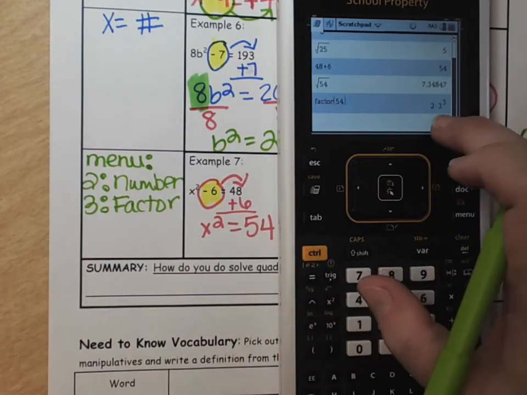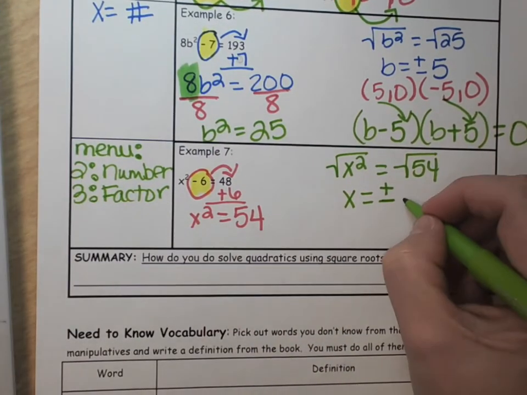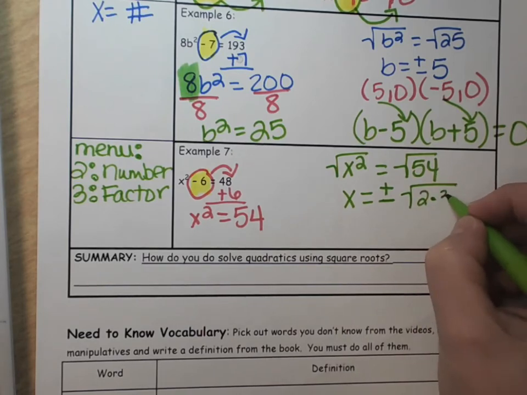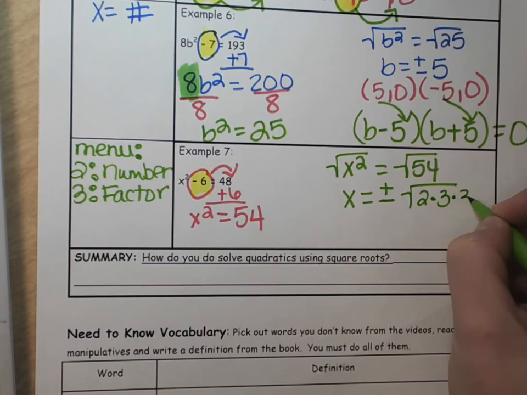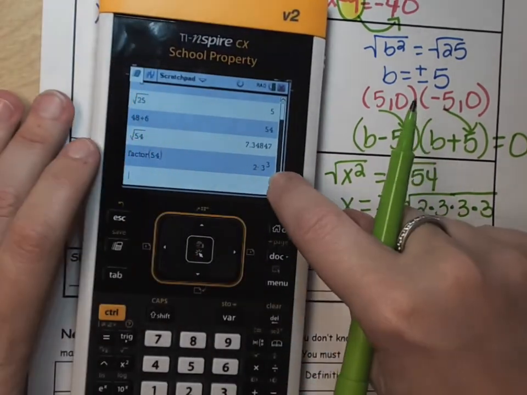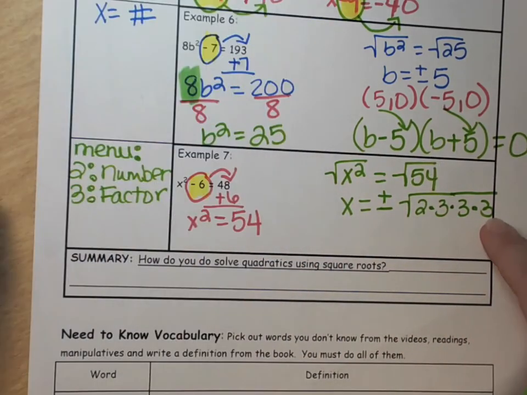Okay, 2 times 3 to the third. So 3 to the third means 3 3s. I have 3 3s. Right there it says to the third, so that's why I wrote 1, 2, 3.